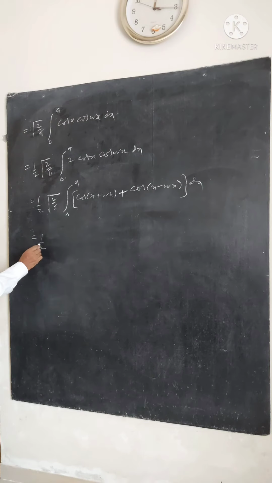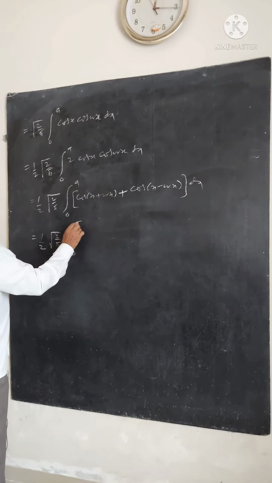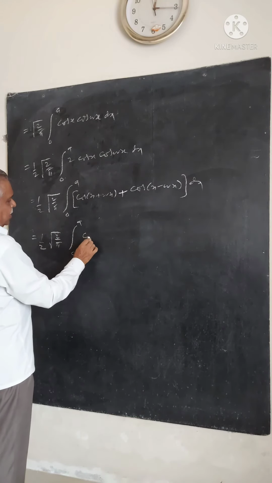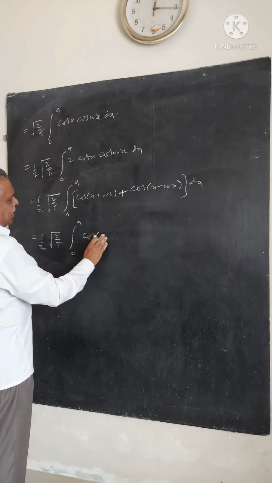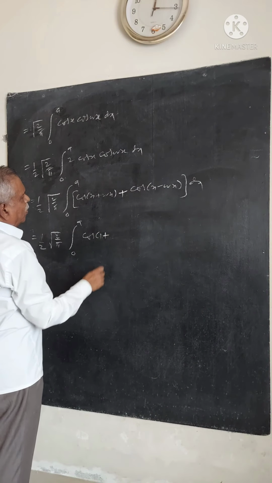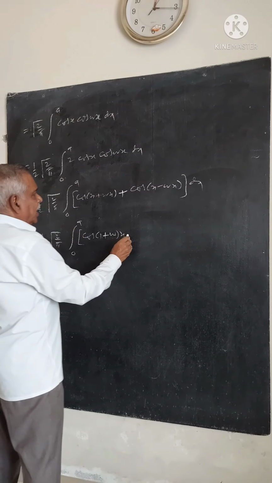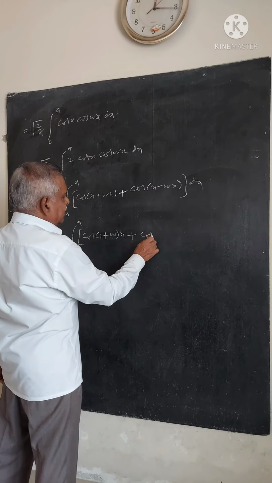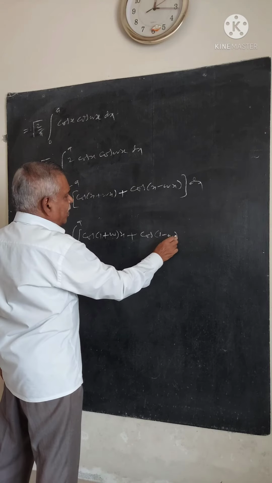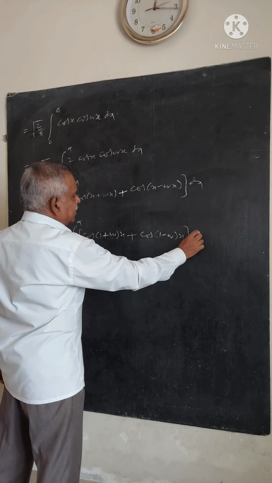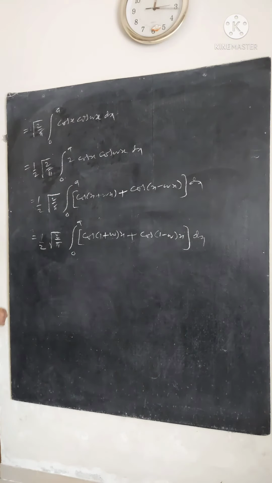Applying this formula, equal to 1 by 2 root of 2 by pi, integral 0 to a of cos (1 plus omega) x plus cos (1 minus omega) x dx.